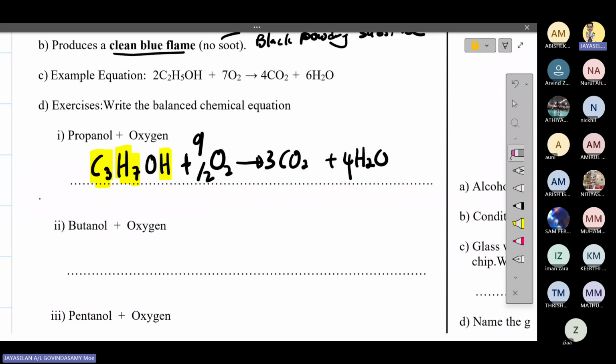To get the perfect answer, it is very simple. Multiply everything by 2. Erase the fraction, put 9. Got the marks. Any question? Do butanol now.